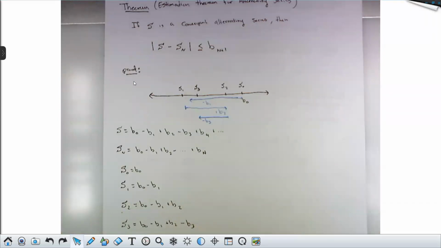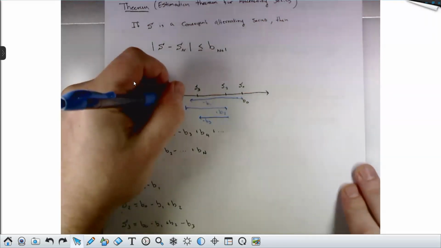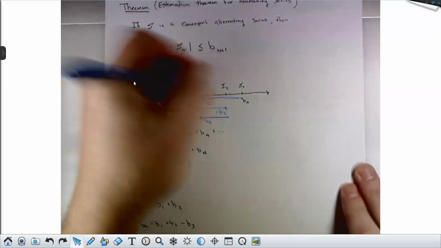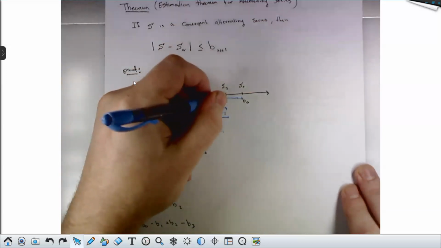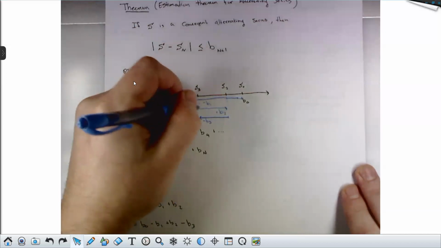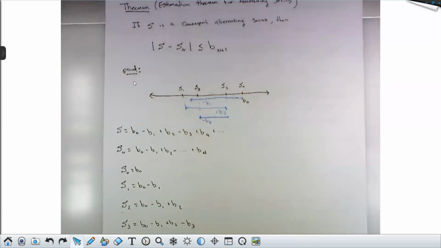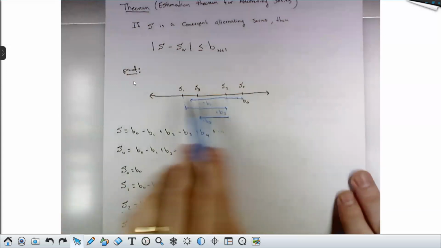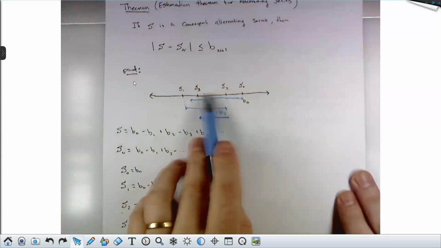If you continue this pattern, thinking about what each one of these steps does, every time we look at one further partial sum, we're going to bounce back and forth.